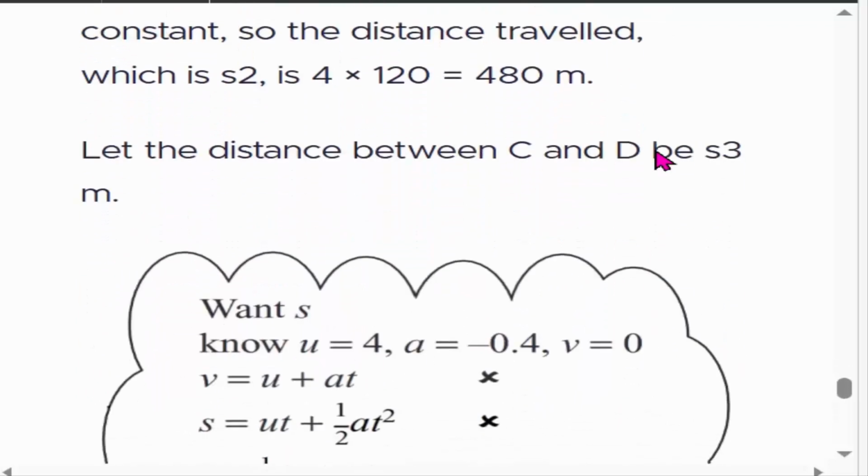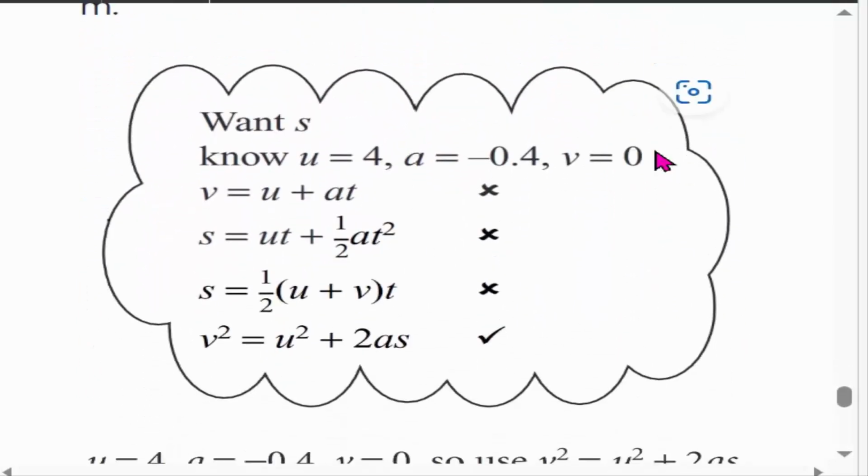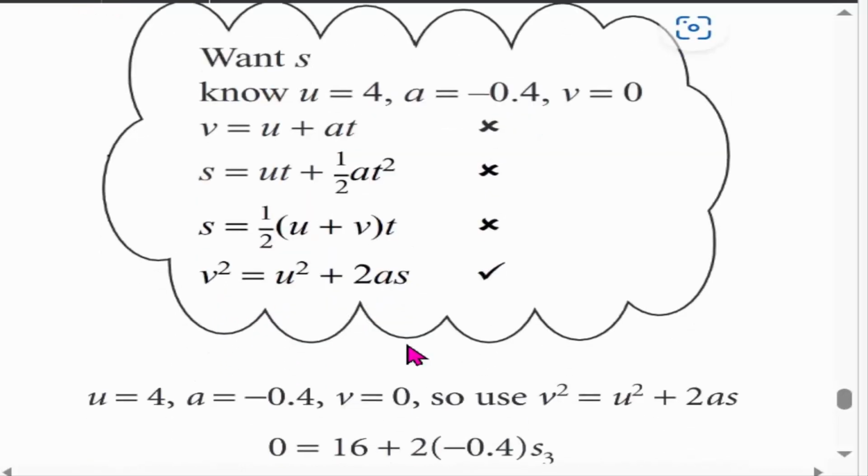So that's the information given. We want to find the distance, so there are a few equations you can consider. v equal to u plus at. You cannot use it because we don't know the time taken, t is not given, and here also t is not given. You can't use s equal to ut plus half at squared. We can't use this equation, you still don't know t. Therefore we can use v squared equal to u squared plus 2as.